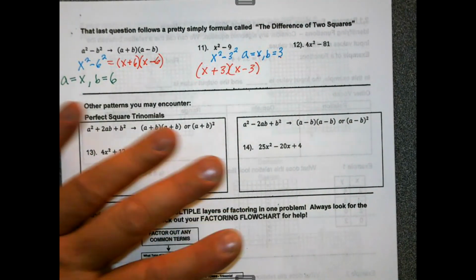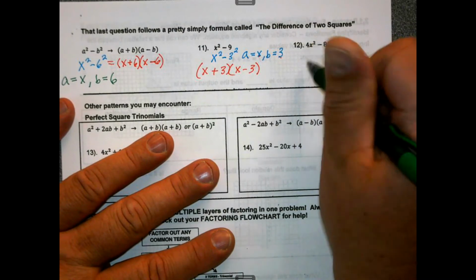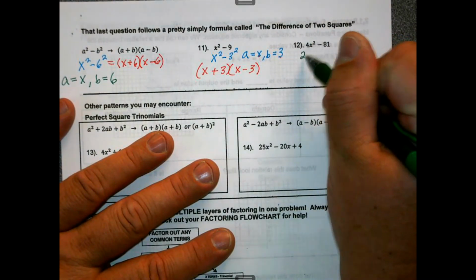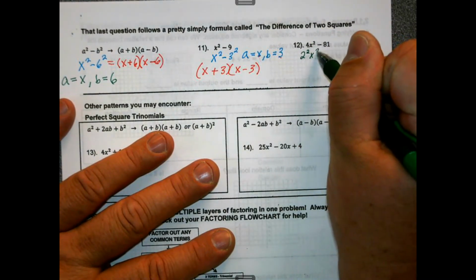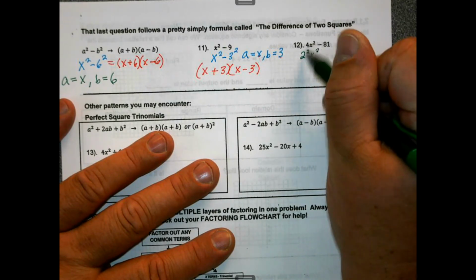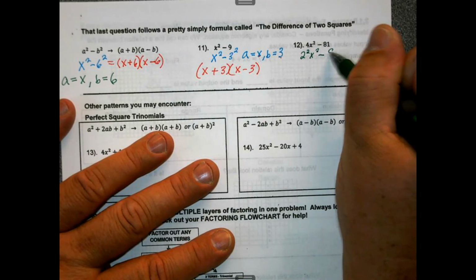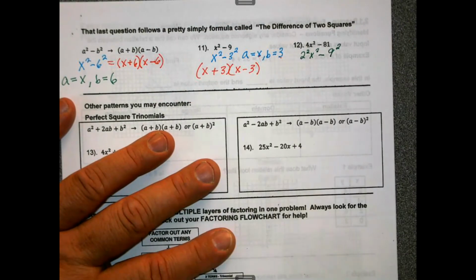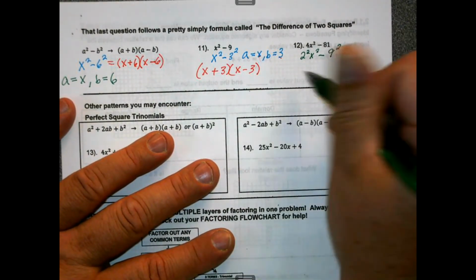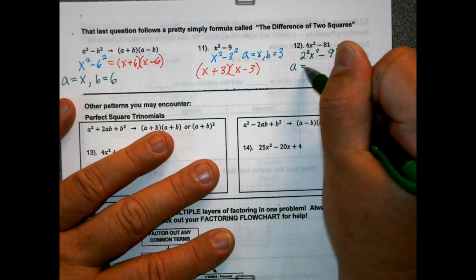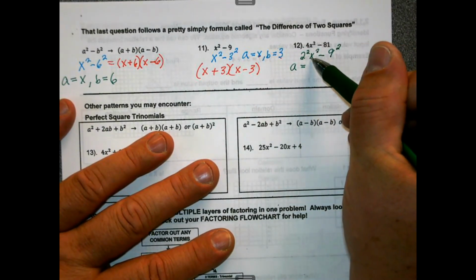Number 12, I'm going to rewrite this as 2 squared x squared, because 4 is a perfect square of 2, minus my 81, which is a perfect square of 9. So here my a is going to be the base 2x.